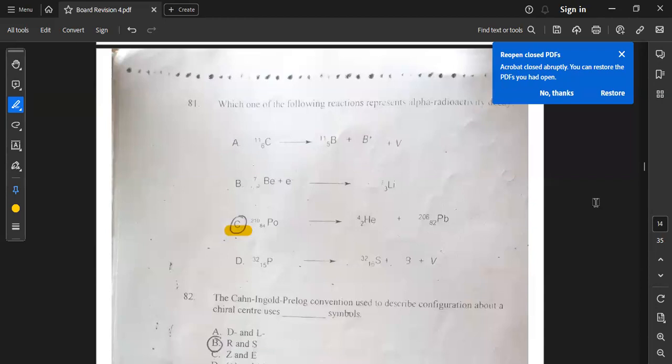Just quickly, the types of radioactive decay.